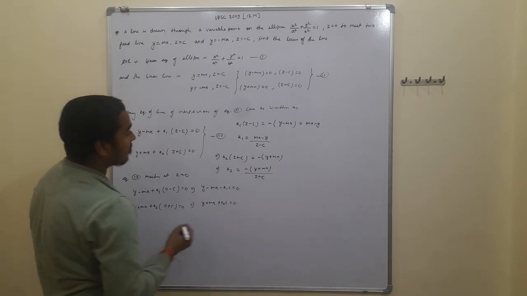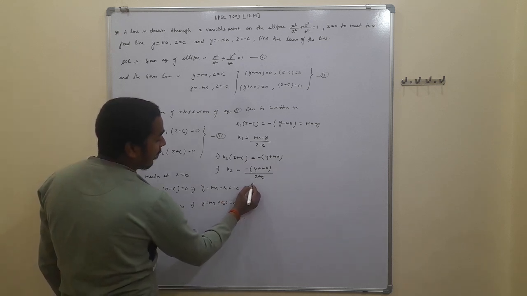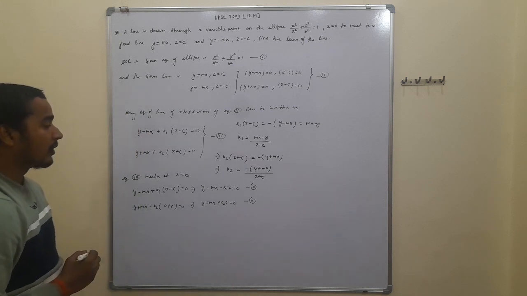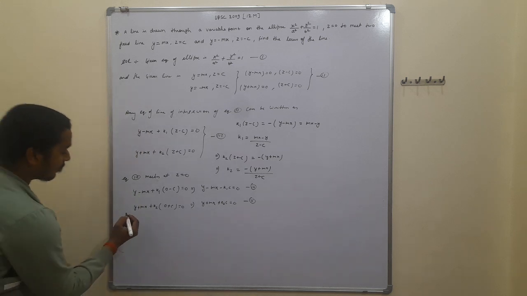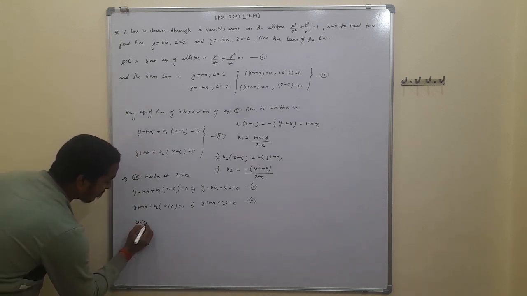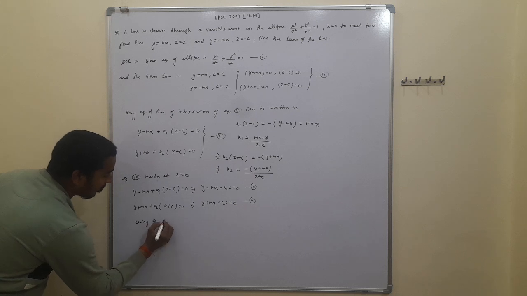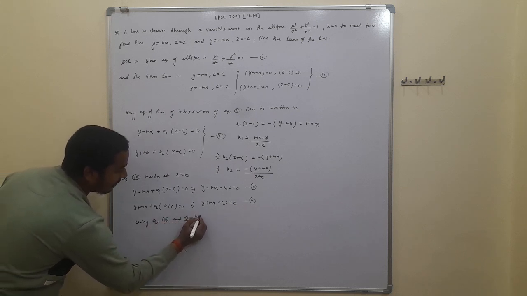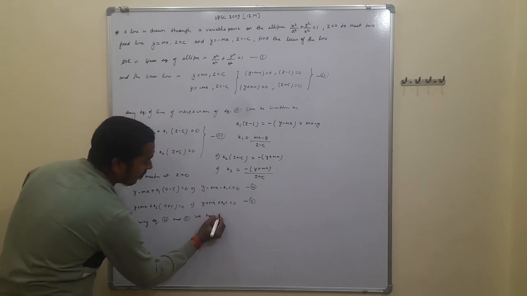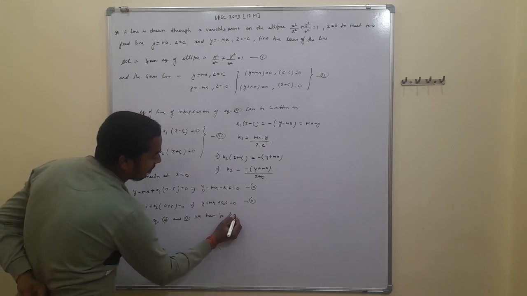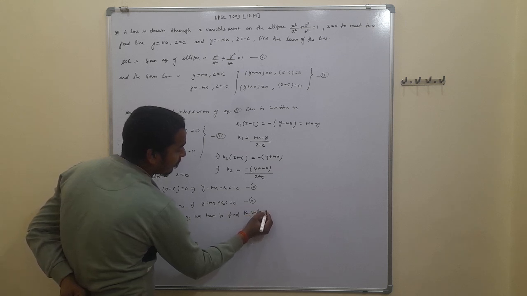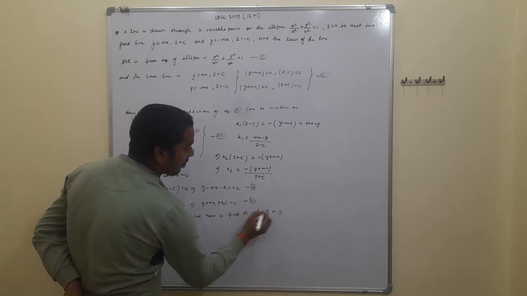Further let this be equation 4th and this be equation 5th. From here, using equation 4th and 5th, we have to find the value of x and y.